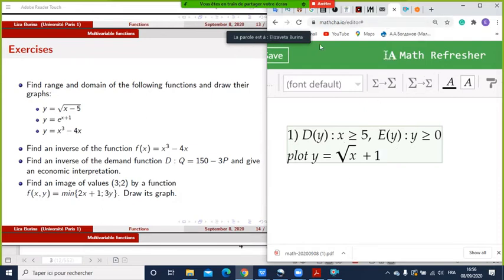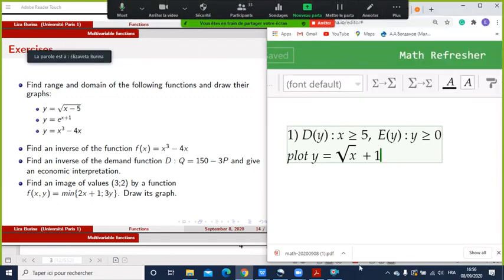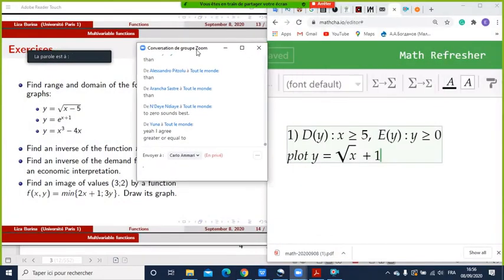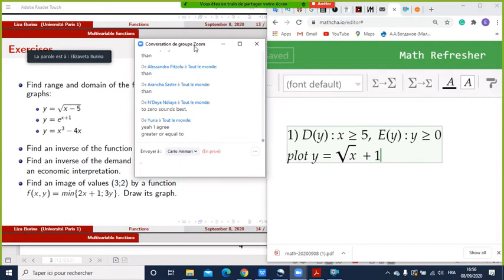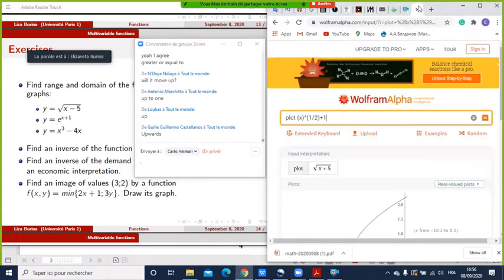Plus 1, so kind of like outside like that. In this case, if you have an idea, please type it also in the conversation. Where will the graph go? It will move up to 1. Perfect. So you know that. Great.